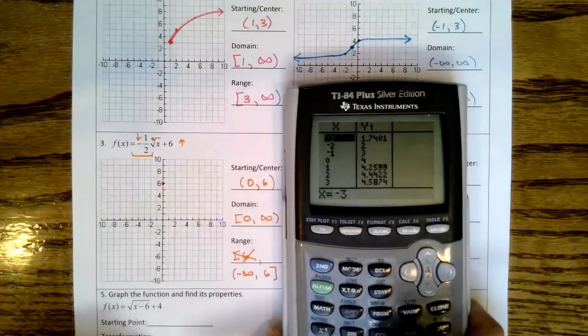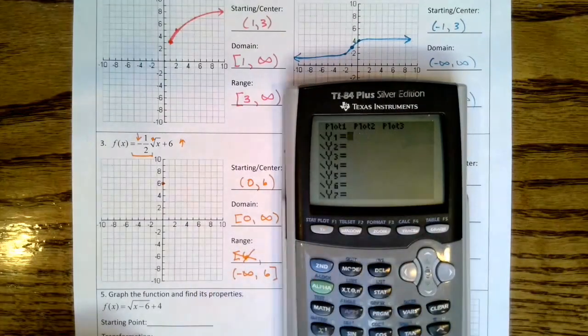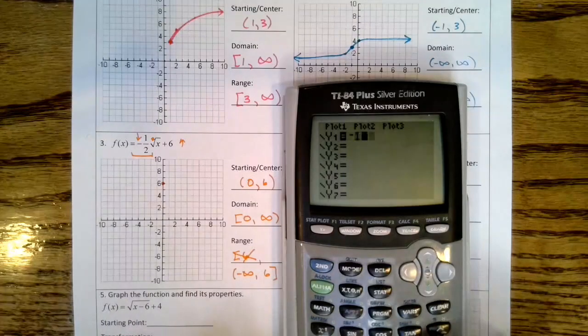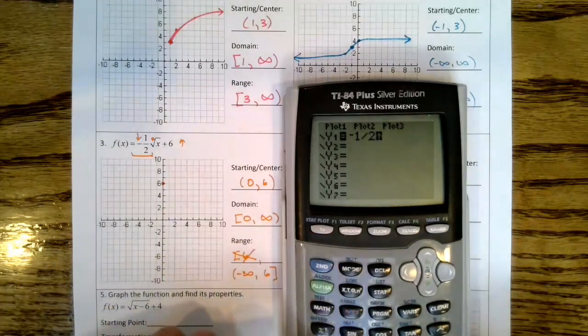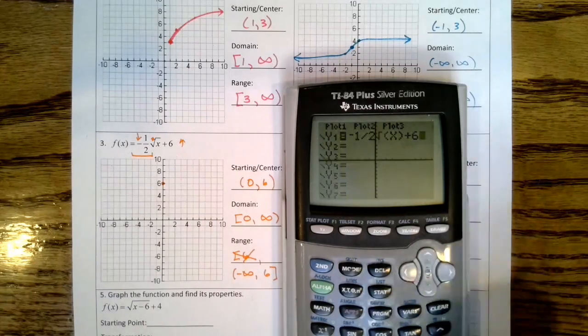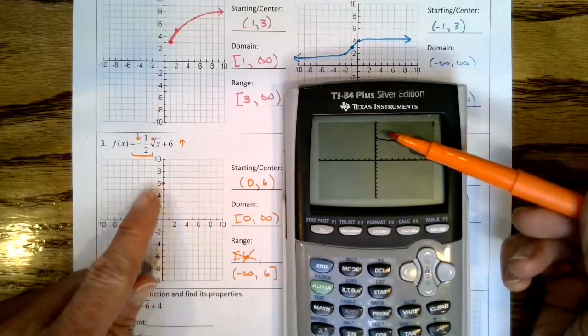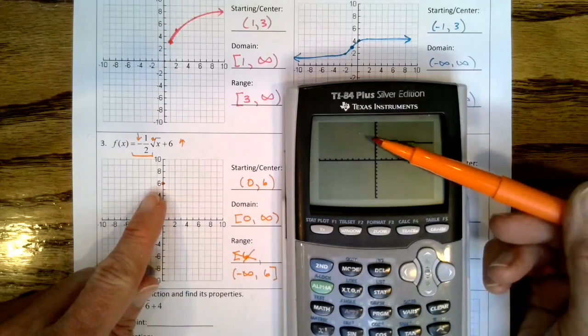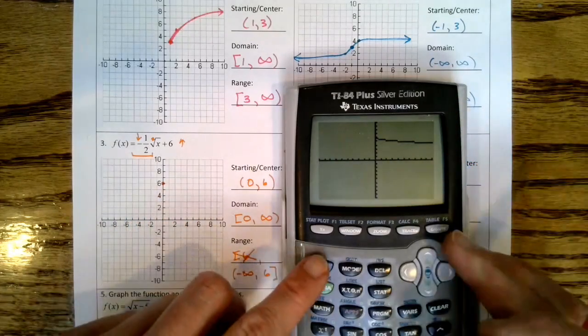Okay, let's take a look at this graph. We'll go ahead and say negative 1 divided by 2, and then we'll go get our radical sign, and our x, close our parenthesis, and then plus 6. So when I look at it, here I am up at 1, 6, and notice how flat it is.